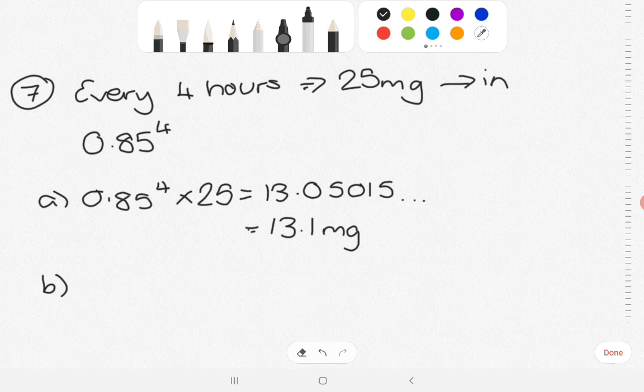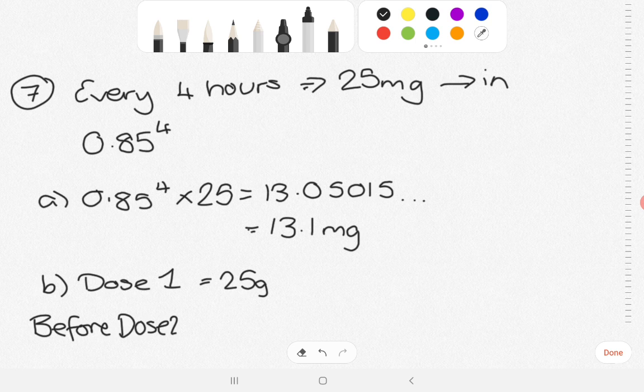It's because in part B here, we need to think about what happens before the dose and after the dose. So when we get our first dose, the first time he's given the truth serum, it's 25mg. And then we've worked out in part A that just before dose 2 is given, he's only got 13.1mg in his blood.